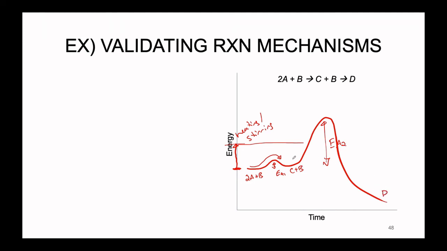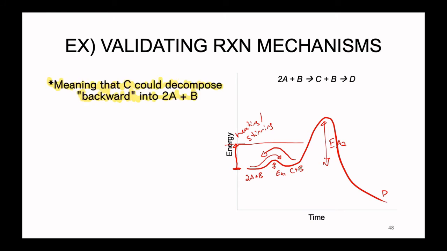But if we don't have enough energy to push C plus B all the way down to our final product, it also makes sense that if we're still increasing the energy, C plus B, energetically speaking, could go backwards. Since this activation energy requirement is definitely met, this reaction can go backwards with some ease.